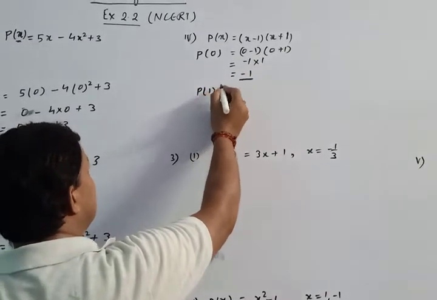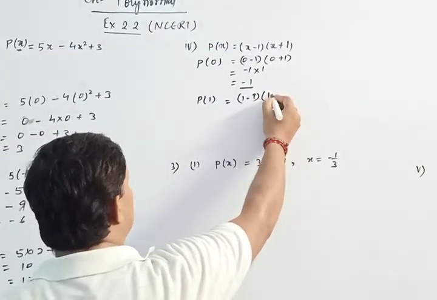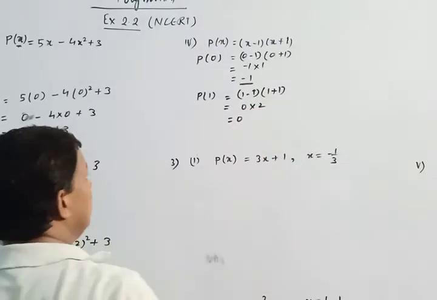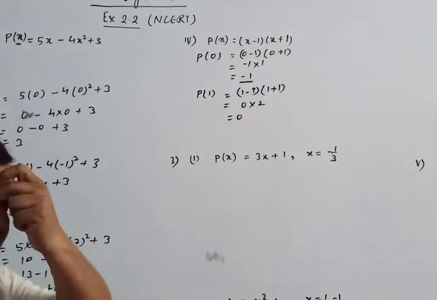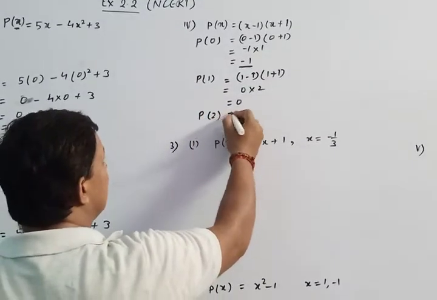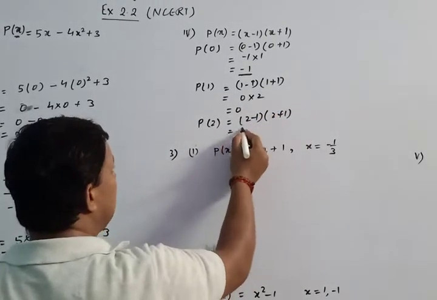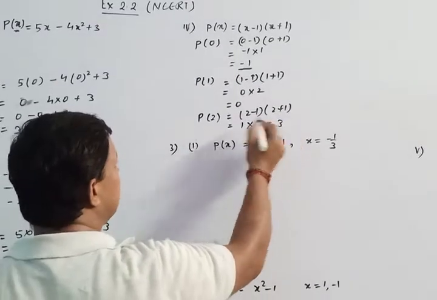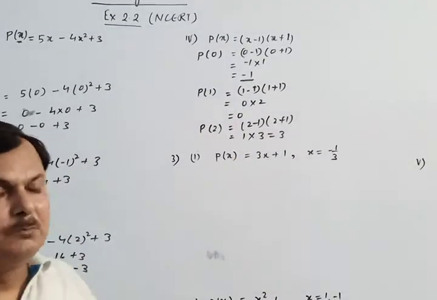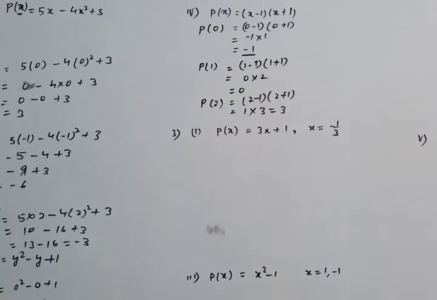Then p(1): if you put 1, it will be 1 minus 1, 1 plus 1. It will be 0 into 2, which is 0. Means at 1 the polynomial becomes 0. If you put 2, it is 2 minus 1 into 2 plus 1, which is 1 into 3, means 3. Means when you put x is equal to 2, the polynomial gives us 3 as the value.